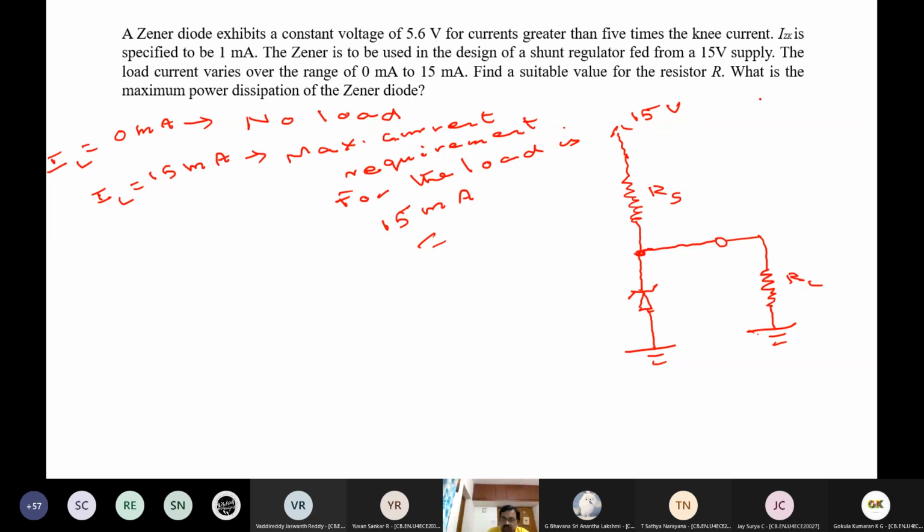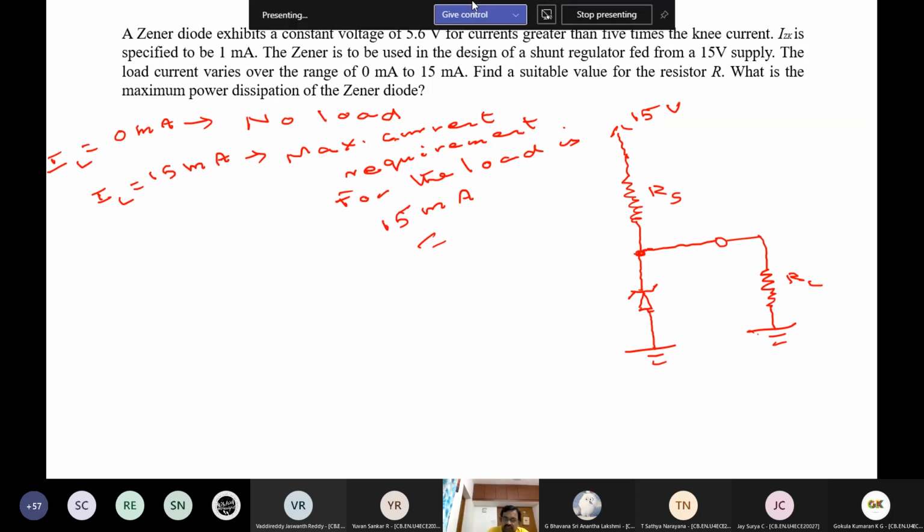So let us understand what is given. First thing, a Zener diode exhibits a constant voltage of 5.6 volt. So VZ equal to 5.6 volt for currents greater than 5 times the knee current.